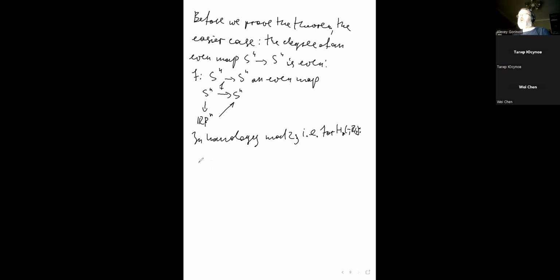We did define the degree of a map between compact orientable manifolds of the same dimension using integral homology groups.